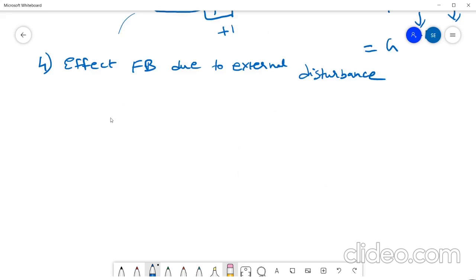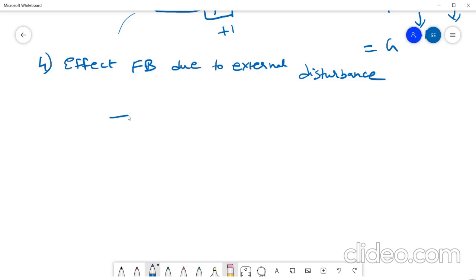So, same diagram, let us consider R and G1. There is an error detector here, and let us take G2 here, and we'll give the disturbance in between G1 and G2. I say D1, right?